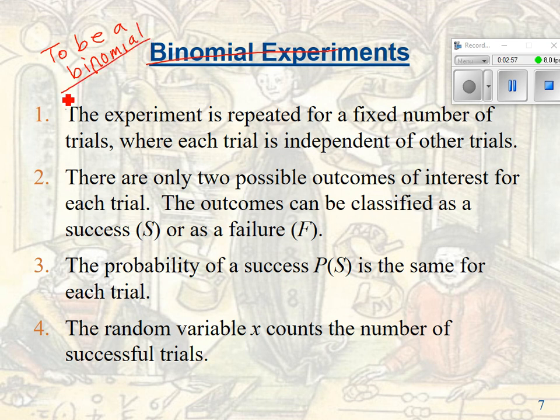To be a binomial, number one, fixed number of trials, and each trial is independent. Number two, only two possible outcomes. And those are success and failure.